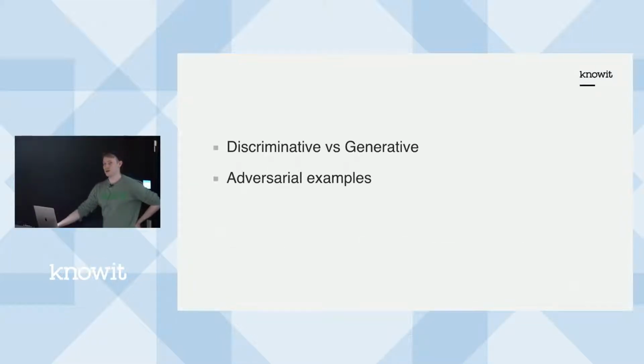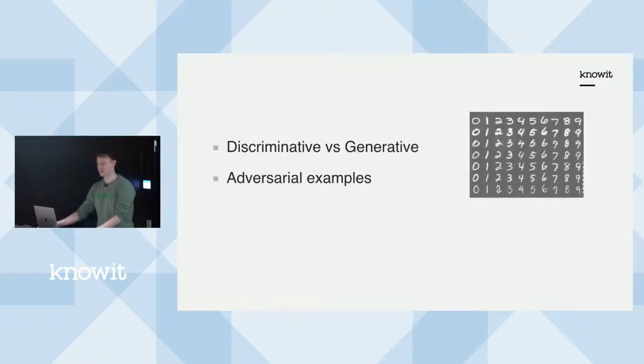In order to answer this question, we first need to know the difference between a discriminative network and a generative network. What you usually think of when you talk about neural networks is a discriminative network. It's a network where you send in a bunch of features or an image, and you try to classify this image by putting a label on it.